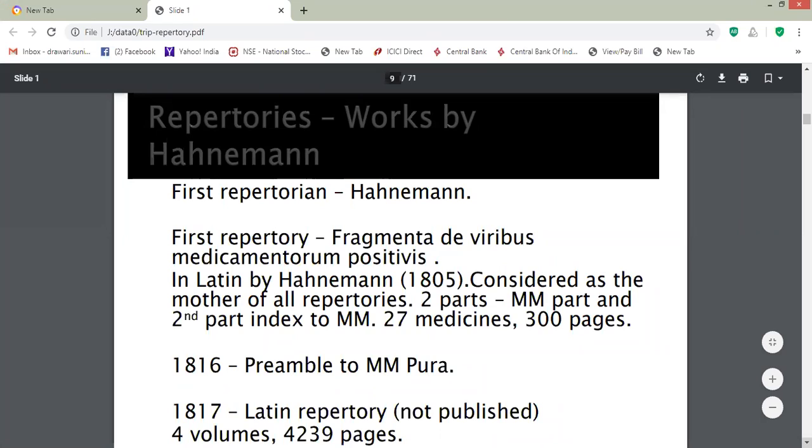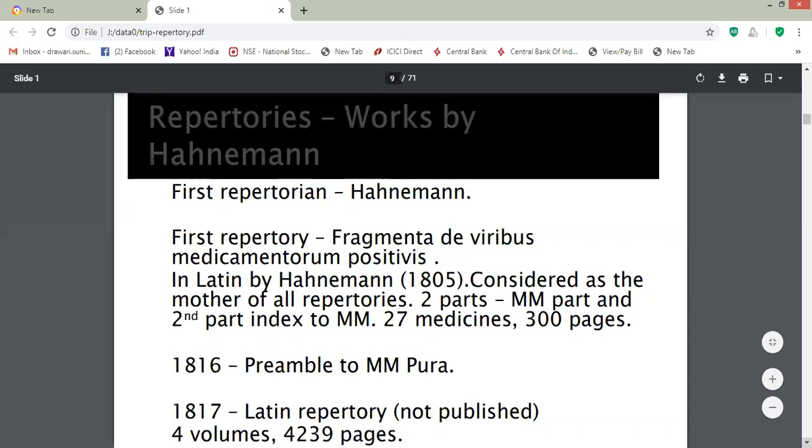The first part is the materia medica part, and the second part is the index to materia medica.